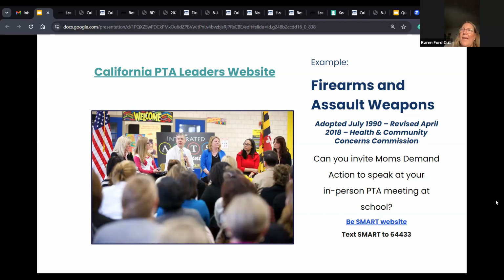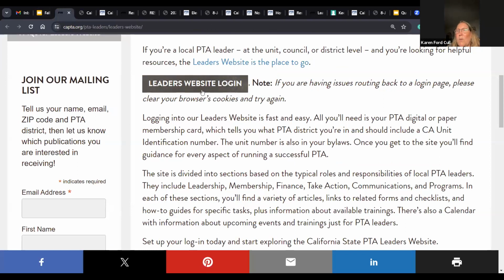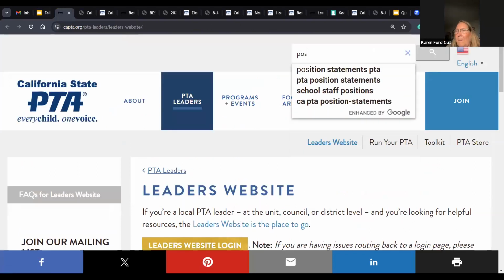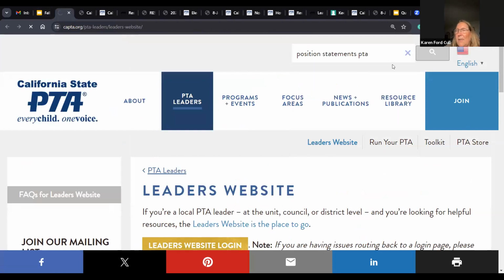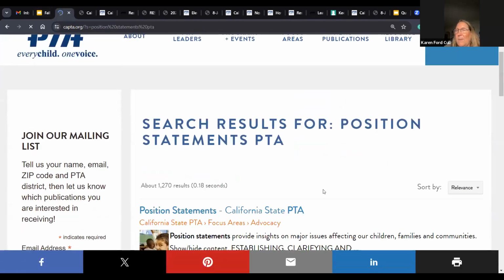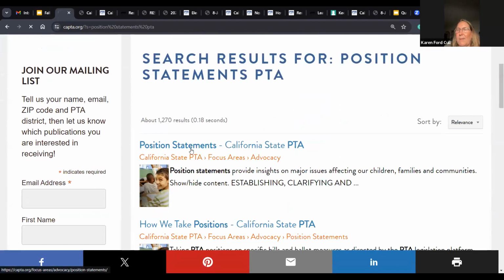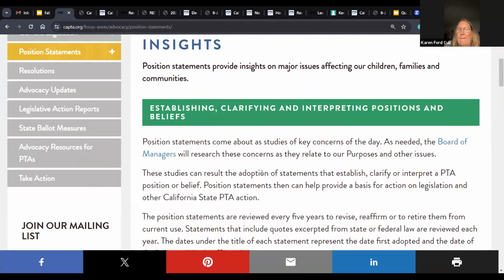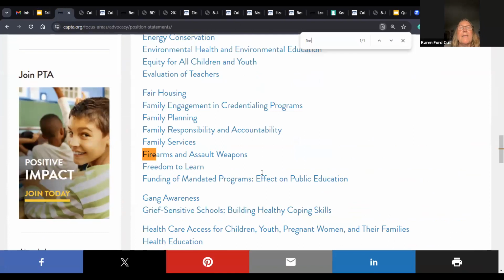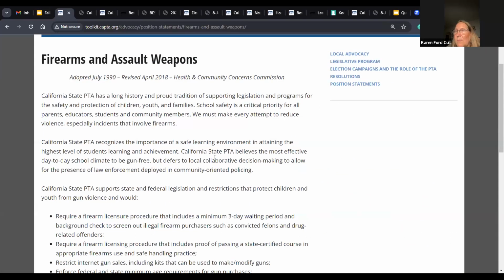On the California PTA website, you can go to position statements, and then go down to firearms and assault weapons.